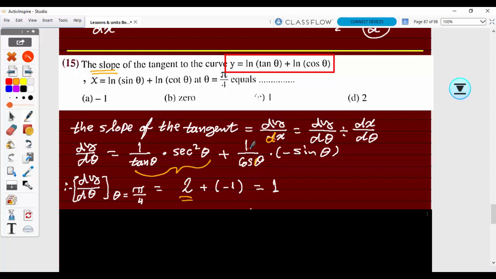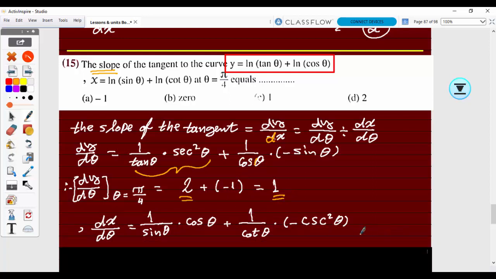Note that 1 multiplied by negative sin θ over cos θ is negative tan θ, and at θ equals π/4, negative tan π/4 equals negative 1, and the result equals 1.